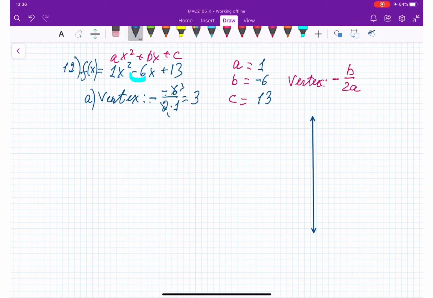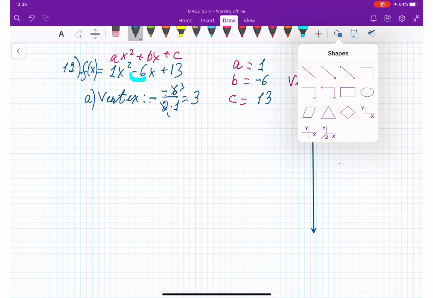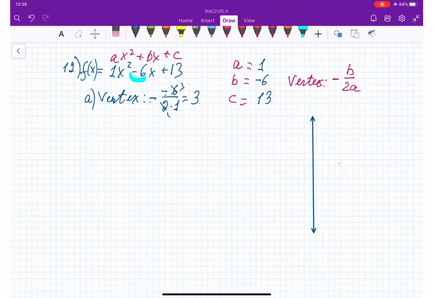Now let me prepare the graphing area. Let's find out the rest and then we build the graph. Now this 3, that's the value of x.